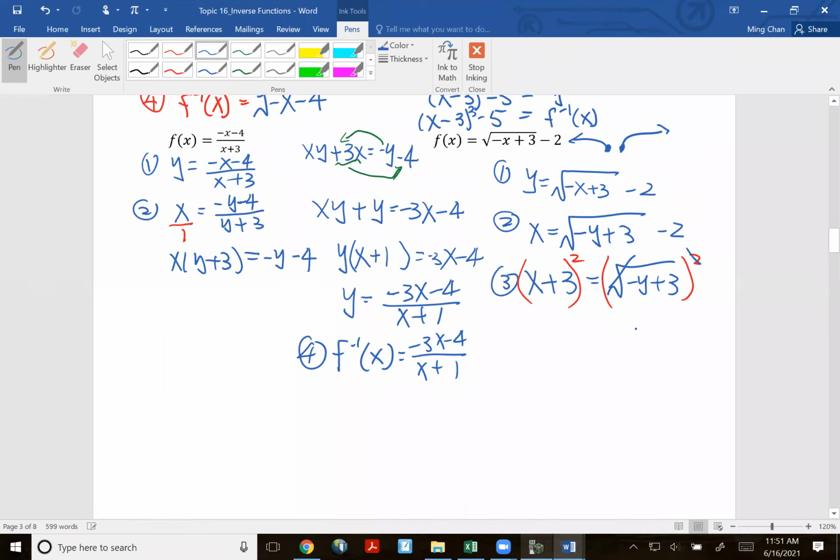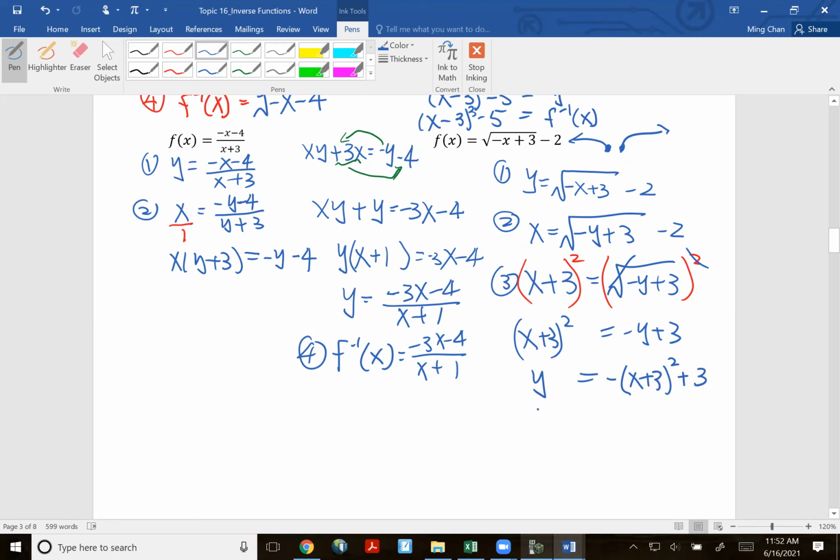So square and square will cancel out. Negative y plus 3 is equal to x plus 3 whole thing squared. I'm going to move the negative y over, become positive, and move this square term to the right. That'll be negative x plus 3 whole thing squared plus 3.